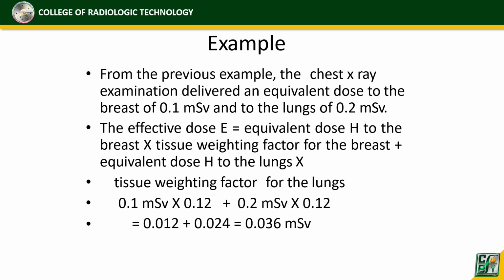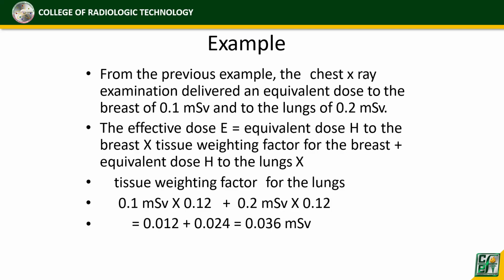during the chest x-ray examination, delivered an equivalent dose to the breast of 0.1 millisievert and to the lungs of 0.2 millisievert. So the effective dose is computed: equivalent dose to the breast times tissue weighing factor for the breast, plus equivalent dose to the lungs times tissue weighing factor for the lungs.